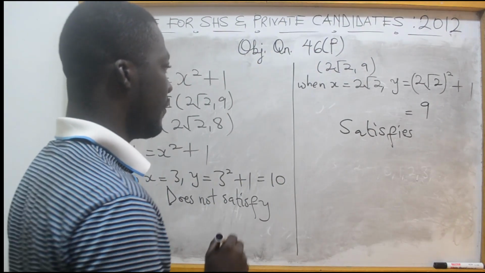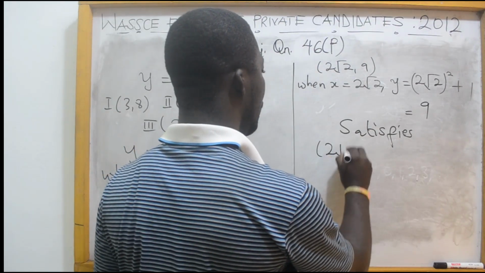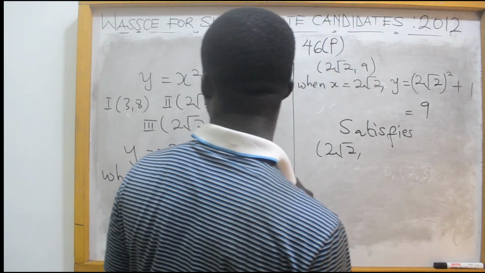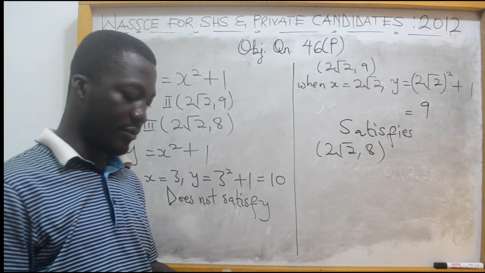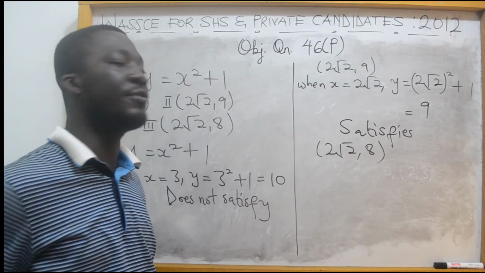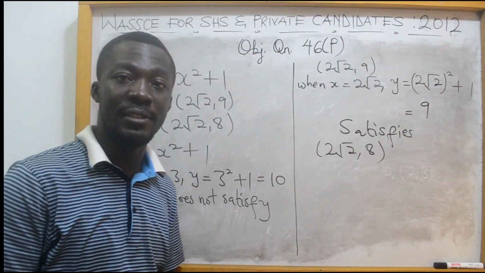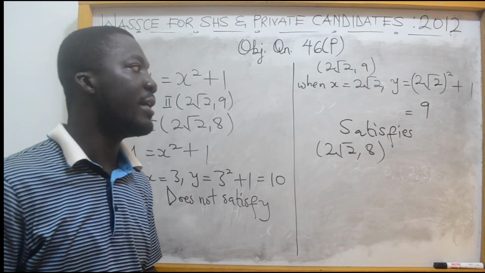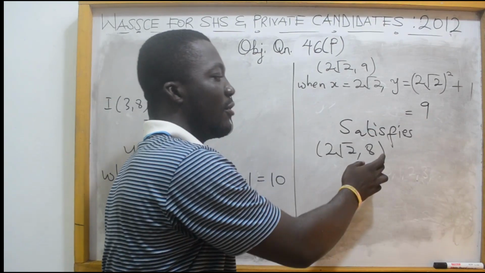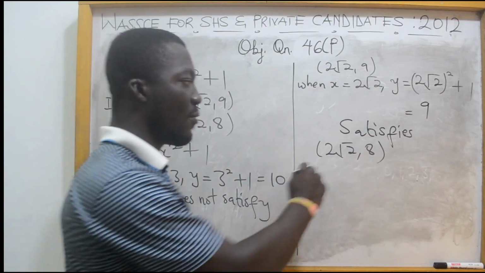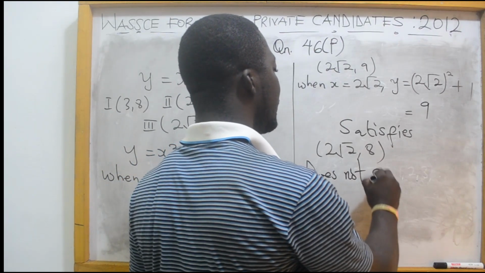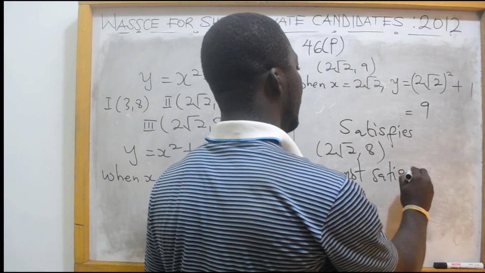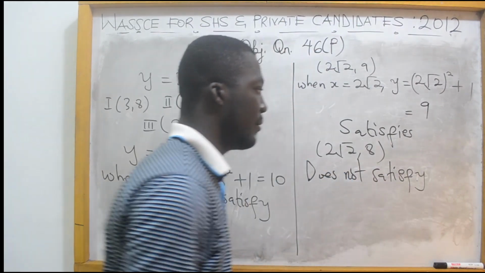The next one, we have been given 2 root 2 and 8. There is no need to continue doing the substitution because we have already done a substitution of 2 root 2 and we had 9 and it is not 8. So this coordinate does not satisfy as well.